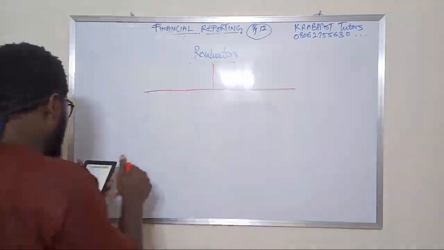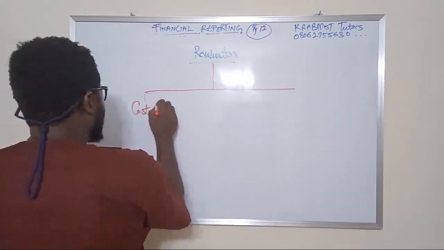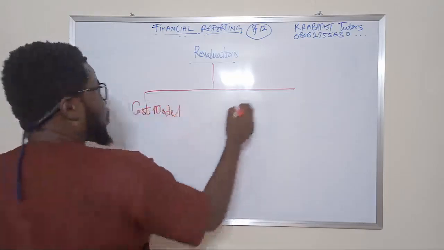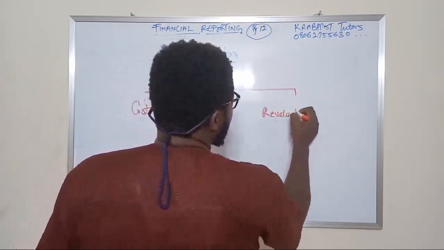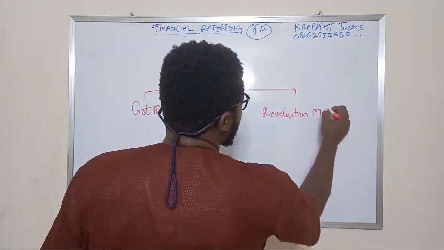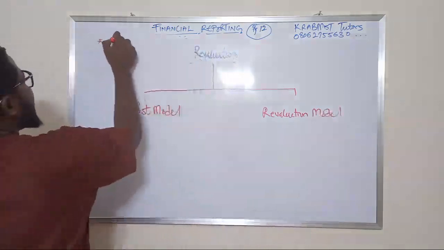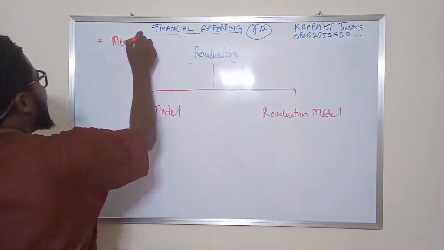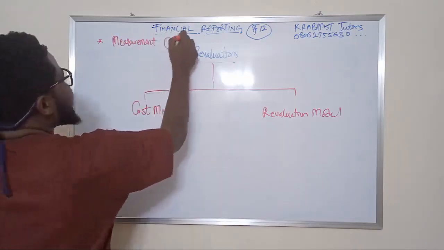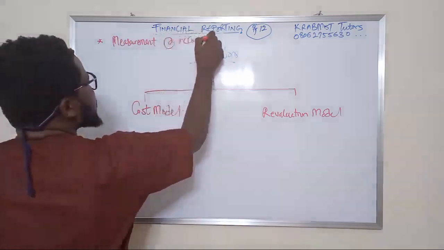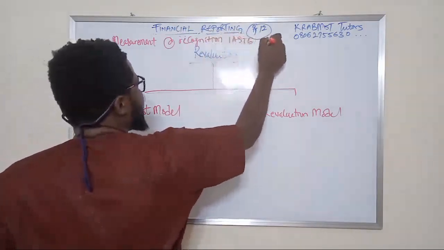Basically two models. We have the cost model and the revaluation model. We are talking about measurement at recognition, IAS 16 PPE.